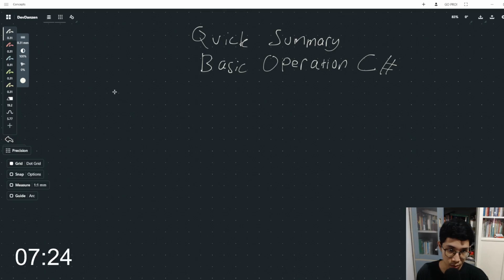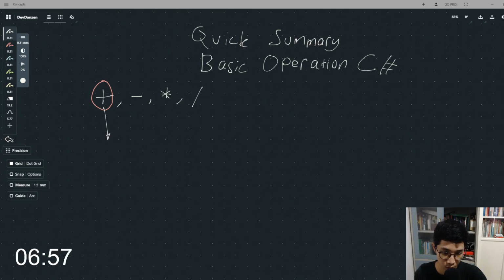So we just learned about the addition. This is addition, and then subtraction, and then multiplication with this star symbol, and then division with the slash symbol. But for this one, this has an overloading.